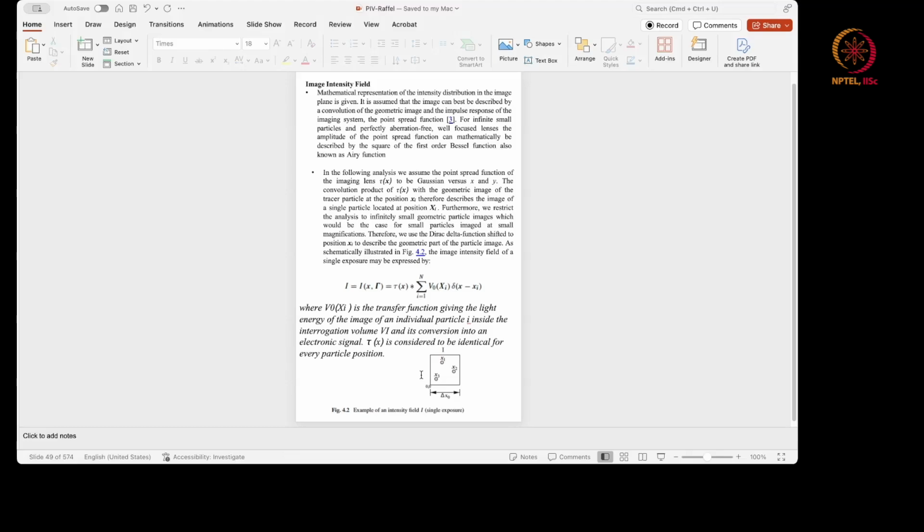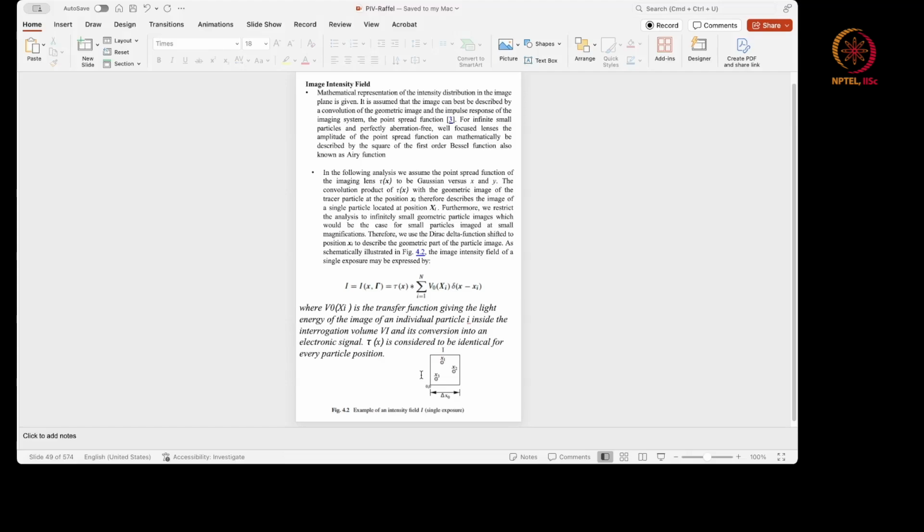This we already did a little earlier. So the image is a convolution of the geometric image and the impulse response, that is the point spread function. For infinitely small particles and a perfect lens assembly, this is described by a first order Bessel function.